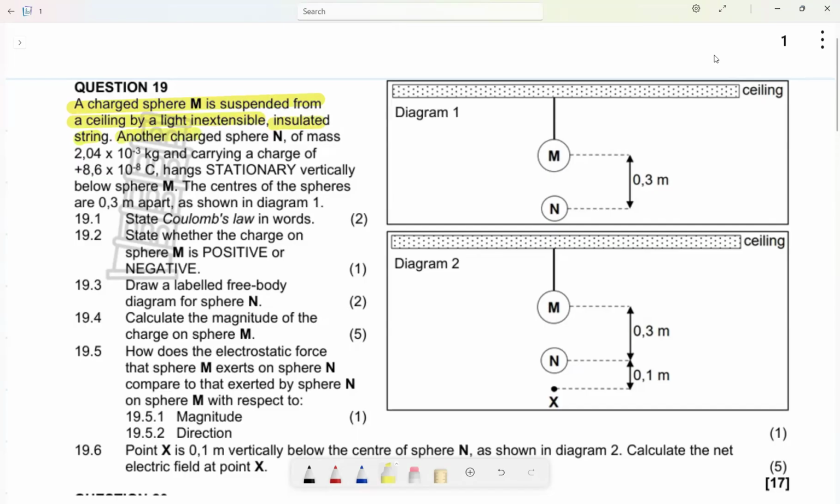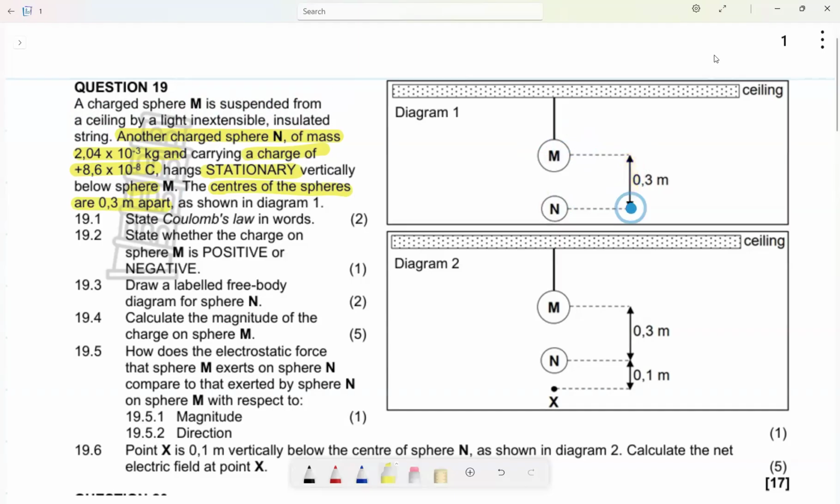Another charged sphere N, of a given mass and carrying a given charge, hangs stationary, very key, stationary, vertically below sphere M. The centers of the spheres are 0.3 meters apart, as shown in the diagram. So we have M and N like that.